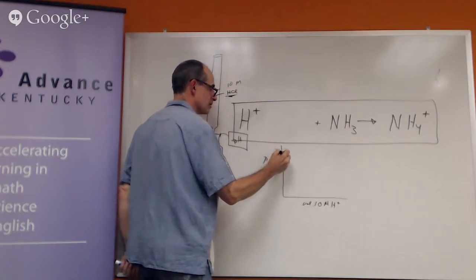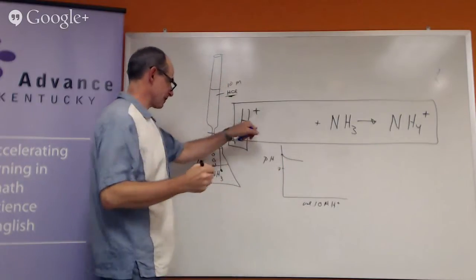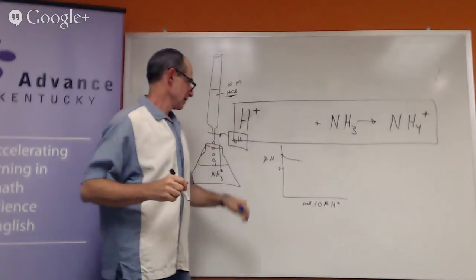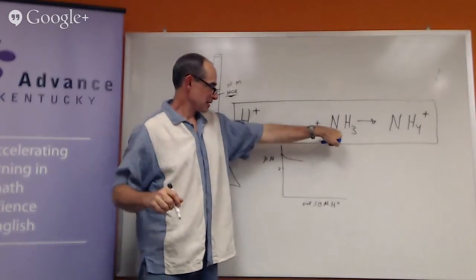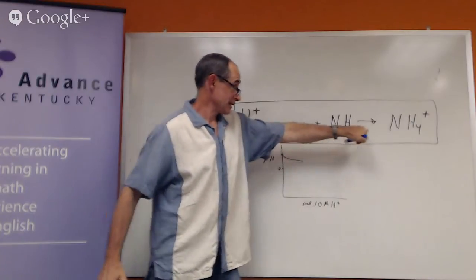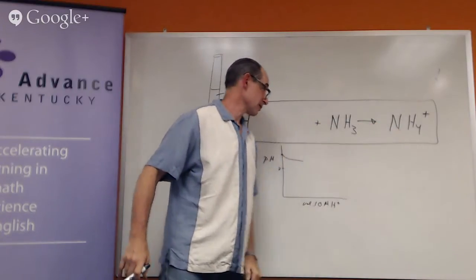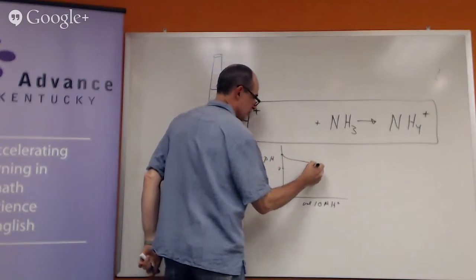And we would expect to see the pH drop slowly as this reaction takes place. Because as we're adding hydrogen ion, the amount of ammonia present will decrease as ammonia is consumed, and the amount of ammonium ion will increase as it's produced. And then we'll see a fairly sharp drop off.